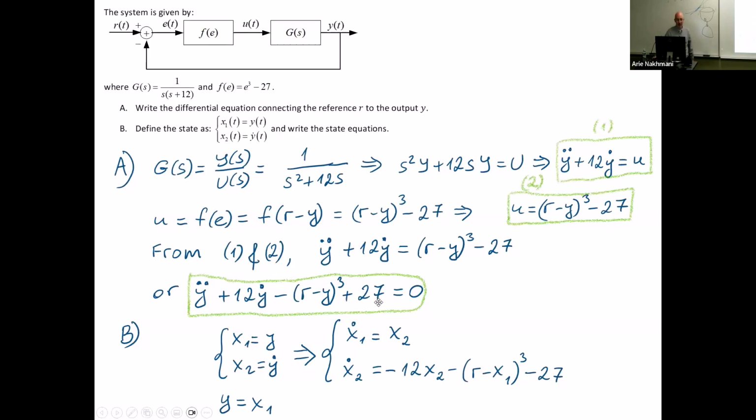So here's how we solve it. Let's start with the first part, where we want to write the differential equation for that system. How do you start in general solving problems of that kind? First of all, you want to write a differential equation which connects U and Y. You know how to do that. This is a transfer function, right?